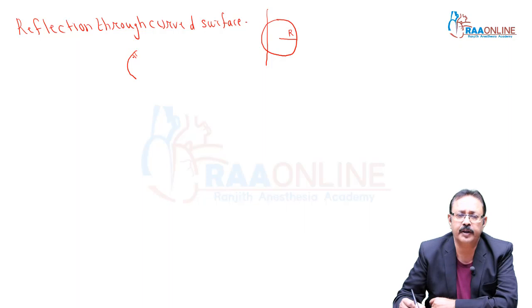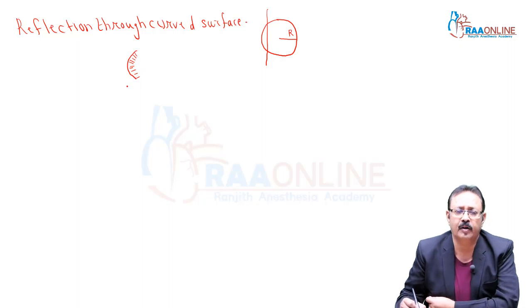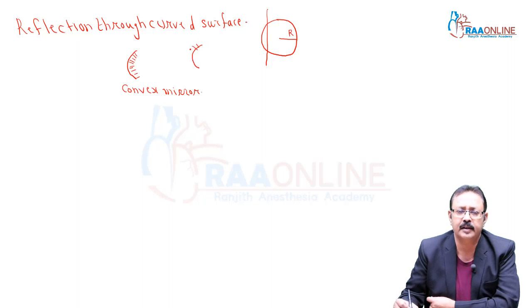If we polish the inner surface, it will become a convex mirror. If you polish the outer surface, the name of this is concave mirror.